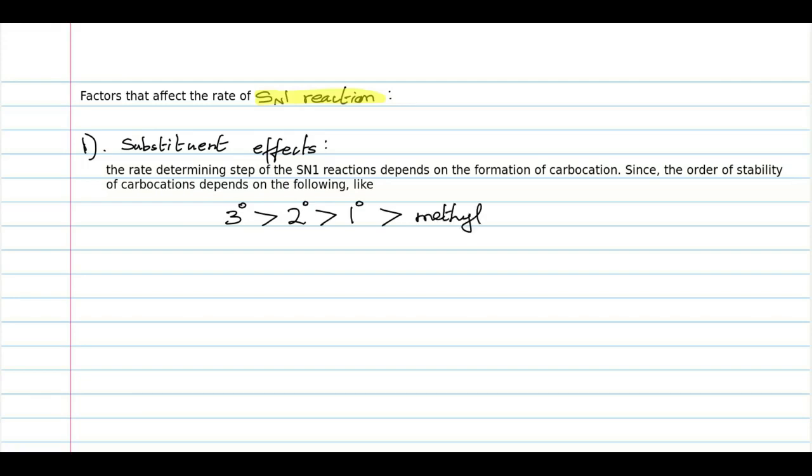And hence, a methyl carbocation we can write as CH3 plus.